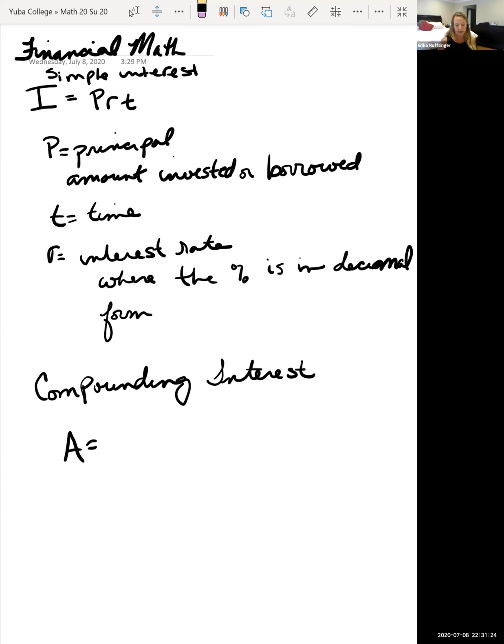It doesn't give us the interest that you earned, but you can figure that out. A equals P, all times 1 plus R over N raised to the NT power. Again, it is all identical. P is equal to the principal, so the amount invested or borrowed. R is equal to your interest rate. N, the only other thing, is N is equal to the number of times compounded a year.